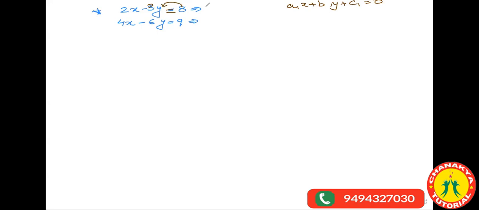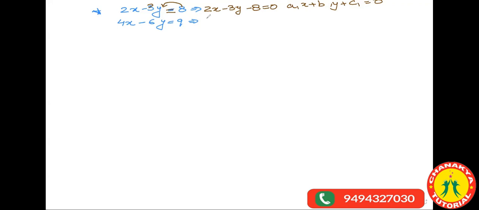So now make the equation. See, 2x minus 3y minus 8 will be equal to 0. Now got it? Siddhishri, understood, beta? Yes, ma'am. Okay, then tell me the next one.